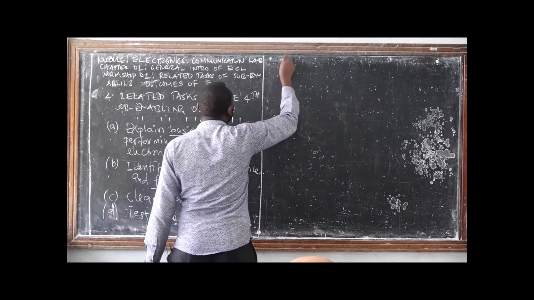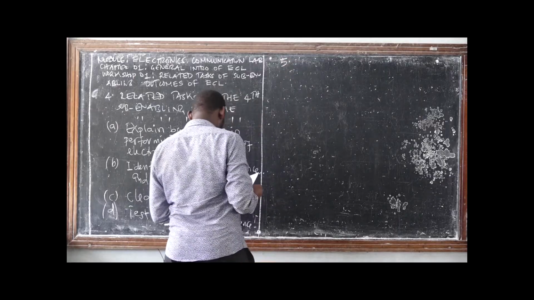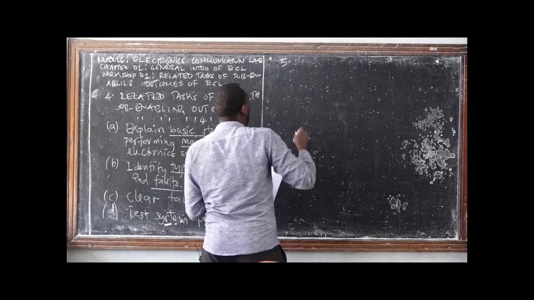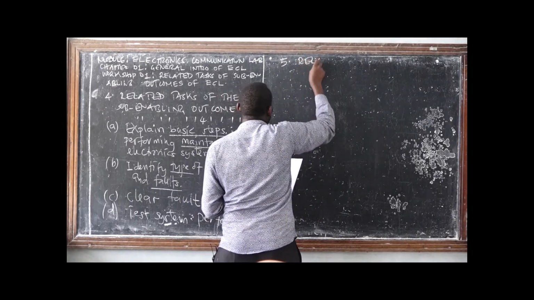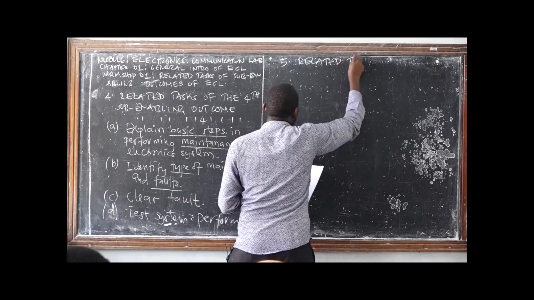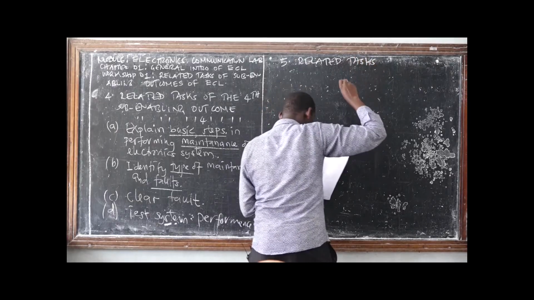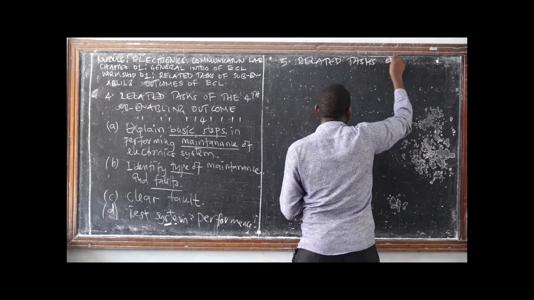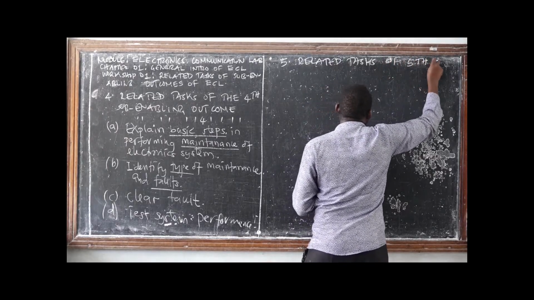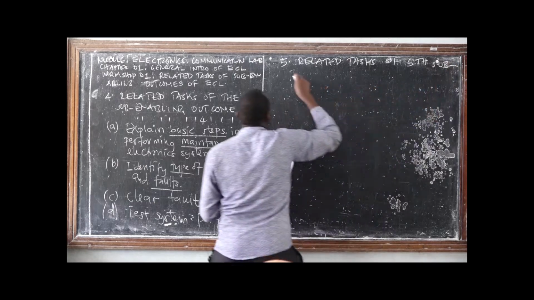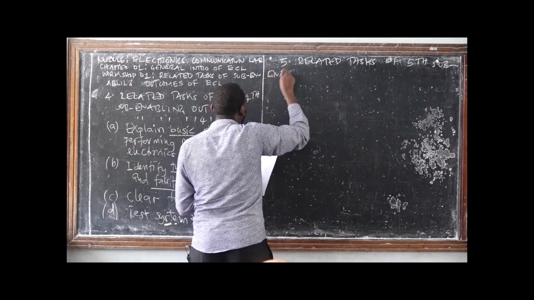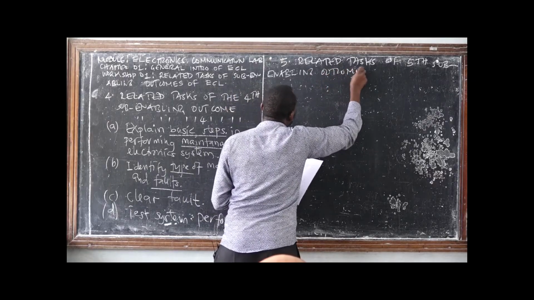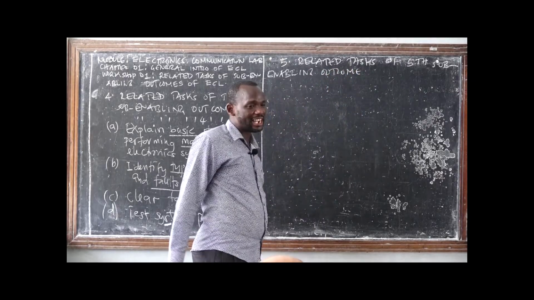Then number 5. Number 5, we say that related tasks of sub-enabling outcome 5. Class, related tasks of sub-enabling outcome. Ask your neighbor, what is the meaning of sub-enabling outcome?